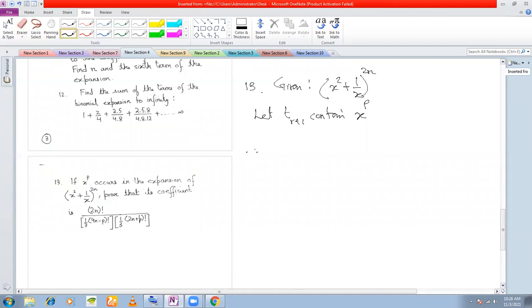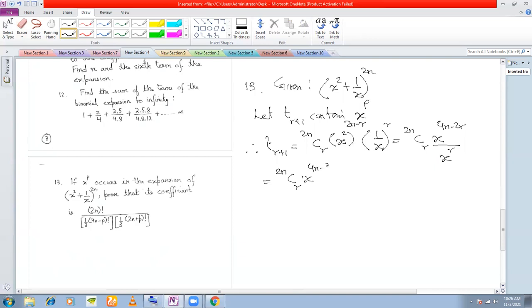Okay, so therefore what is tr plus 1? Tr plus 1, if you see here, is 2n cr x to the power of 2n minus r into 1 by x to the power of r, right? Which is 2n cr x to the power of 4n minus 2r divided by x to the power of r, which is equal to 2n cr x to the power of 4n minus 3r, right?